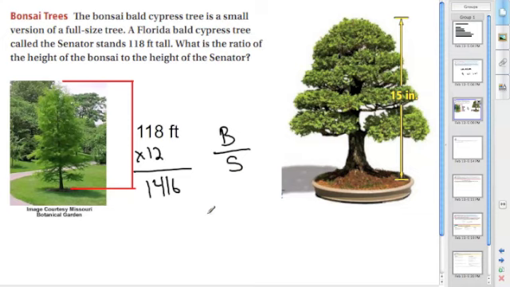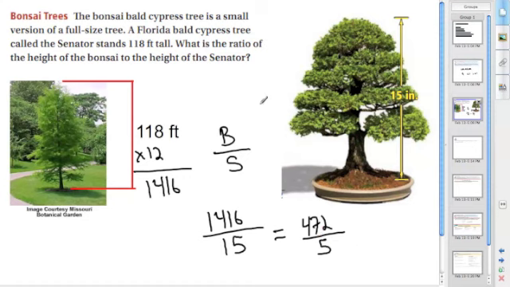So the senator is 1416 inches over the 15, which equals 472 over 5. Remember, a ratio is not going to be a decimal, it's going to be a fraction.